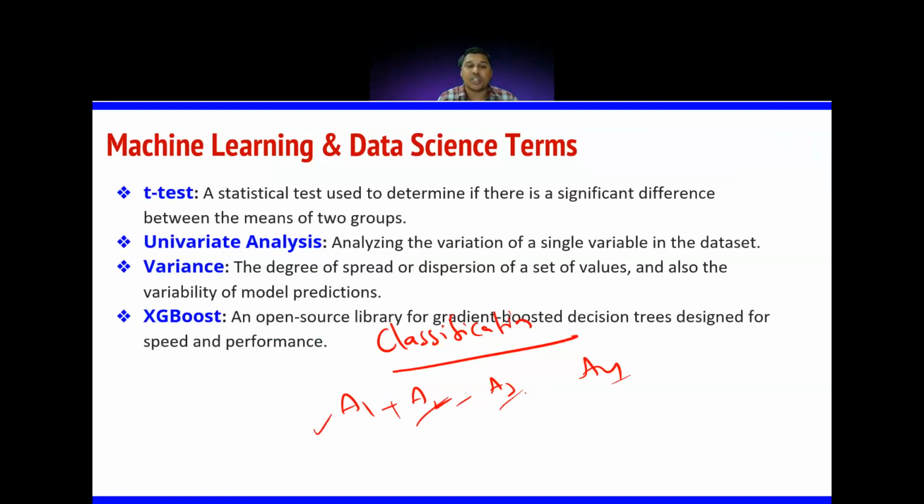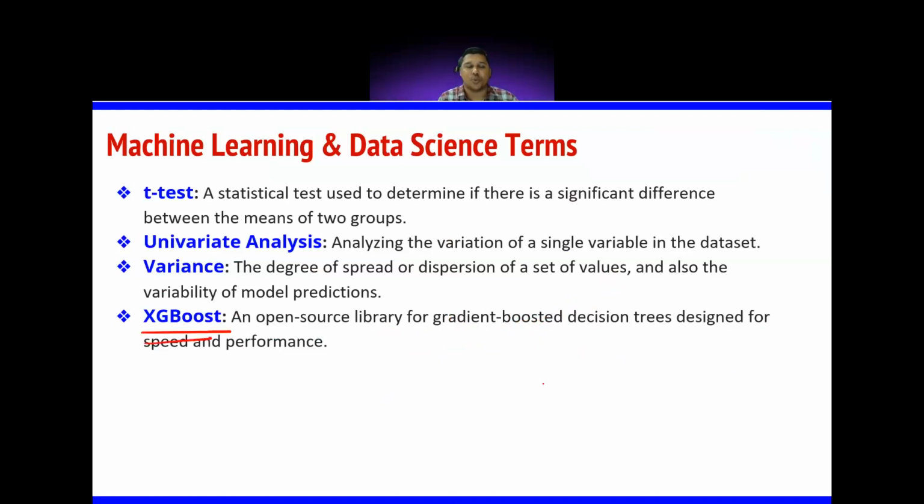But what if we combine all these four to do the classification? Such models are called ensemble models. Combining multiple models together is called an ensemble model. One such technique is XGBoost, which is used in gradient boosted decision trees.